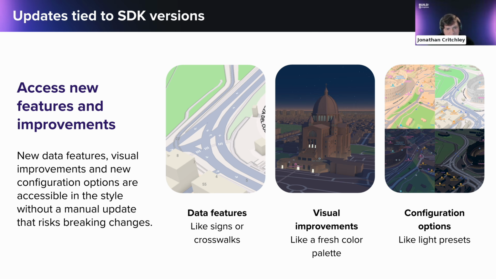The features range from data updates, default styling tweaks that map designers make, as well as new configuration options. And the standard style appearance is controlled by these configuration options, which modify key aspects of how layers are rendered and the overall look and feel of the style.